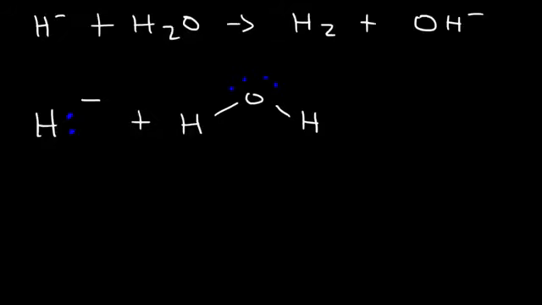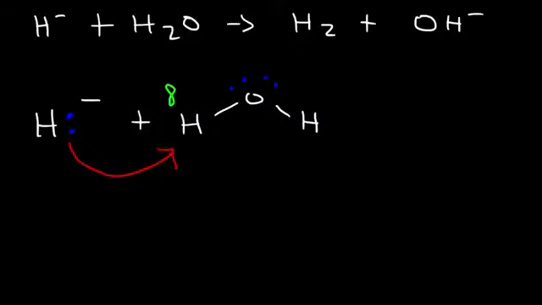Now the hydride ion is attracted to this hydrogen, and the reason why is because that hydrogen has a partial positive charge. It's partially positive because it's attached to a partially negative oxygen atom. Oxygen is electronegative, and as a result it pulls electrons towards itself. So as it pulls electrons towards itself, it leaves a partial positive charge on the hydrogen.